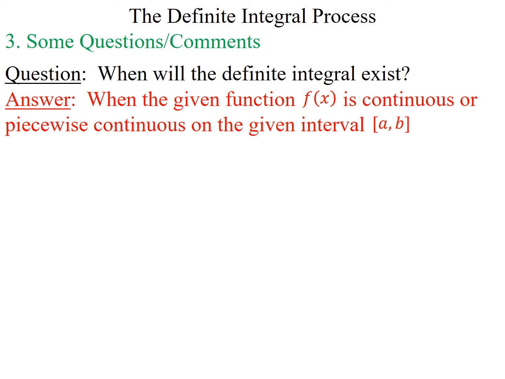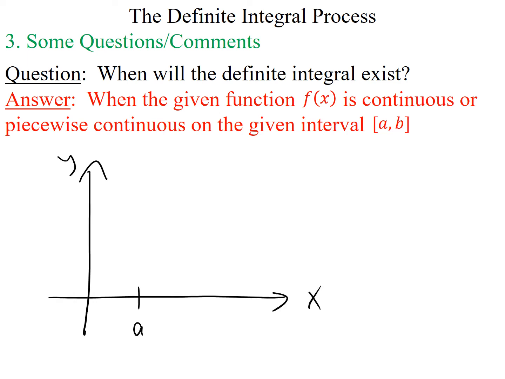So what does continuous mean? It's a long story. Let me just say this much for now. If I have a function, so the graph starts at A and ends at B, it's continuous basically if, let's say this is what you get when you plug in A and this is what you get when you plug in B, you can draw the graph from the first red dot to the second red dot without ever taking your pen off the paper.